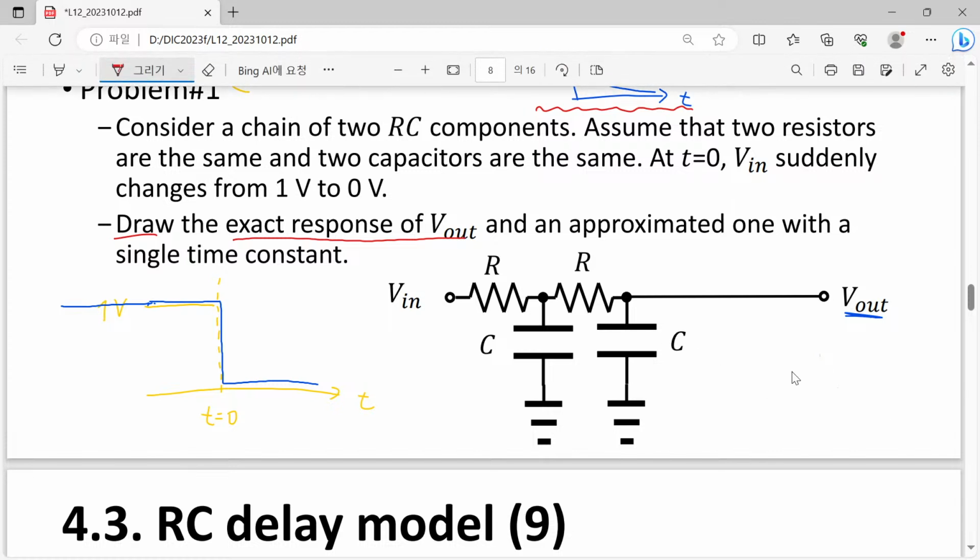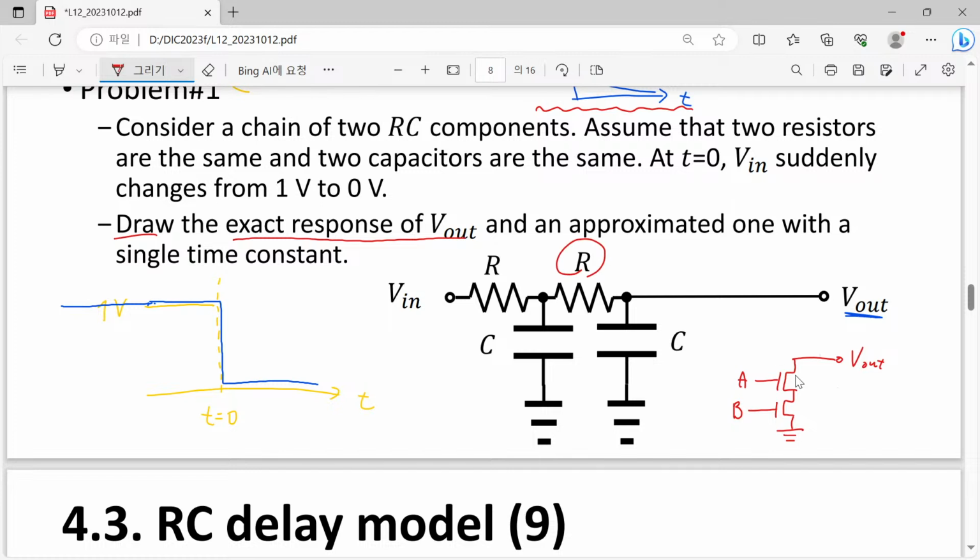For example, let's draw. If you have a 2-input NAND gate, let's say this is your input A and your input B, and this is your V out, and this one can be well approximated this way.